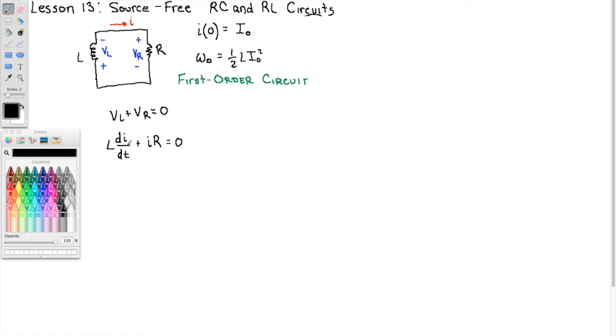So let's get all of the i's on one side, 1 over I di, and then we'll get negative R over L dt.